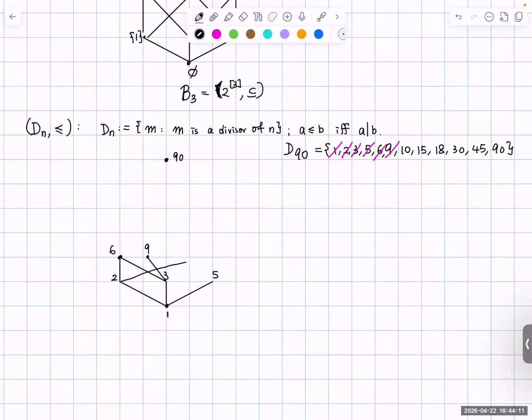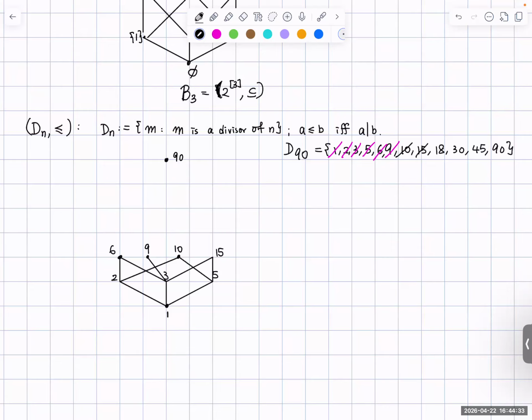So 10 is actually covering both 2 and 5. So I have a 10 here, and also I have a 15. So let me just clear some space so that I have space for that. 10 is this one and this one, and then we have this too, so that's 15.